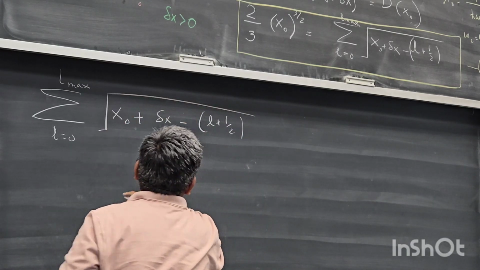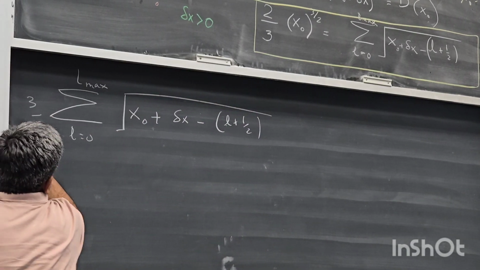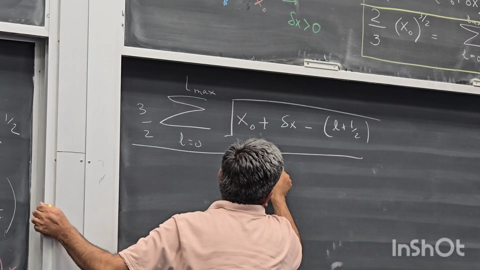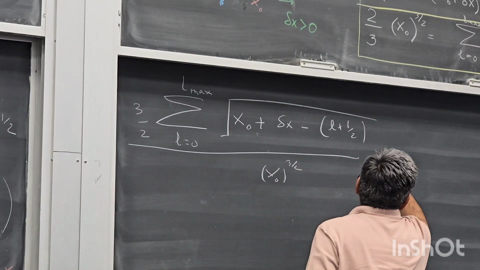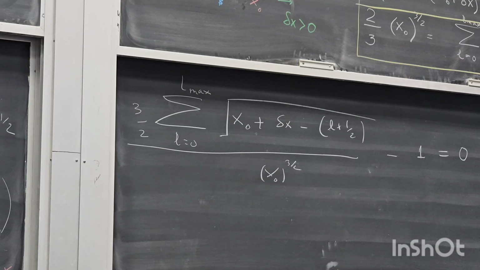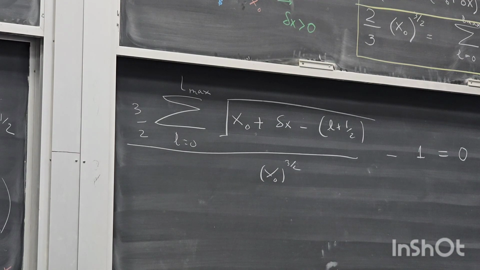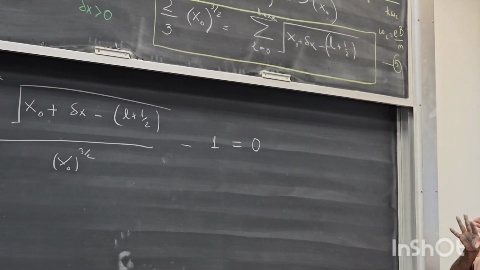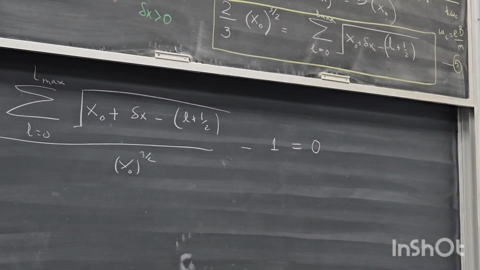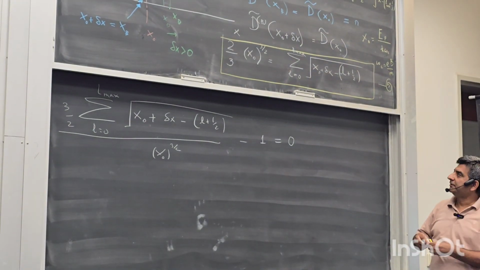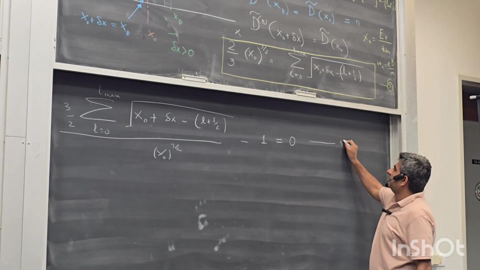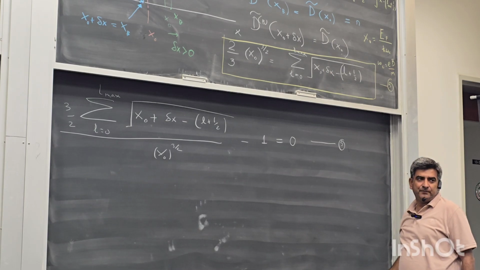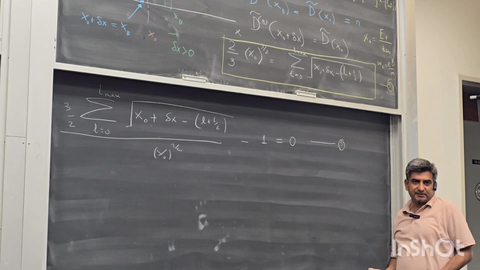I multiply this by 3/2, divide by x naught raised to the power 3 minus 2 over 2, subtract 1 from this. So I find the roots of this equation. Finding the roots of this equation is tantamount to finding a solution to equation number 5. I just do an algebraic manipulation. This is nothing but equation number 5 written in a different form, which my computer program understands.